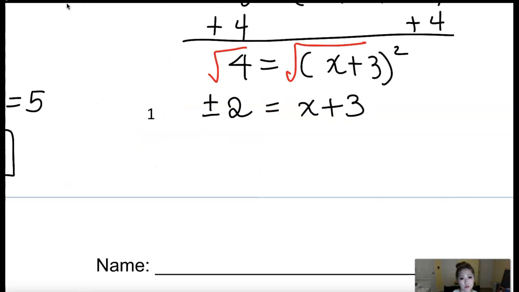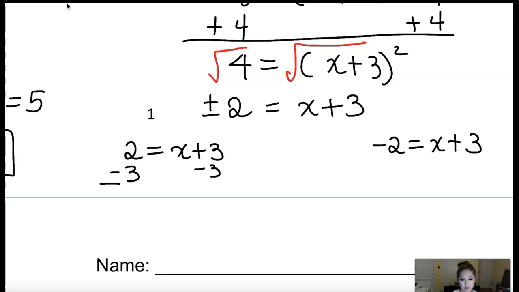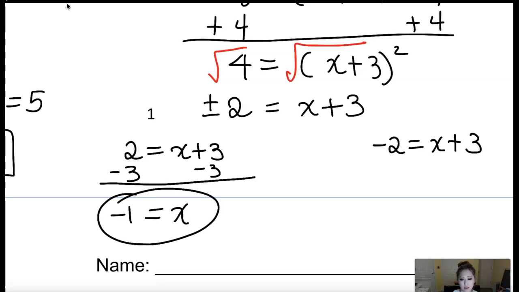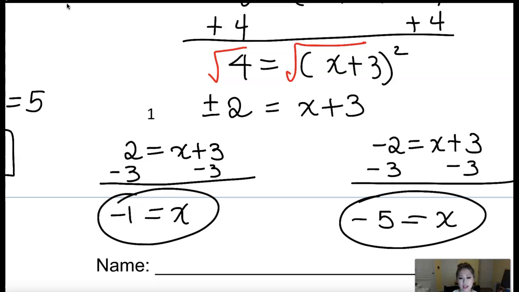Now we have 2 separate equations. The positive 2 equals x plus 3, or negative 2 equals x plus 3, and I solve them separately. If I subtract 3 from both sides, the first x-intercept is negative 1. If I subtract 3 from both sides of the other equation, the other x-intercept is at x equals negative 5.